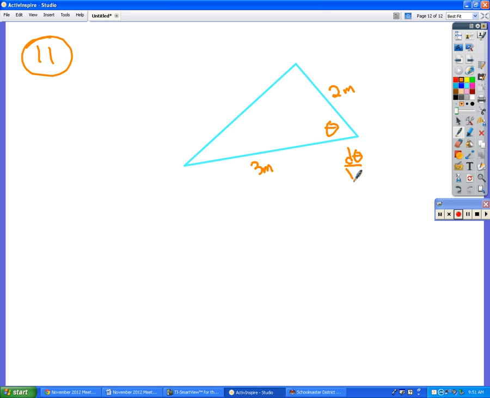So d theta dt equals 0.03. Find the rate at which the area of the triangle is increasing when the angle between the sides is pi over 3.